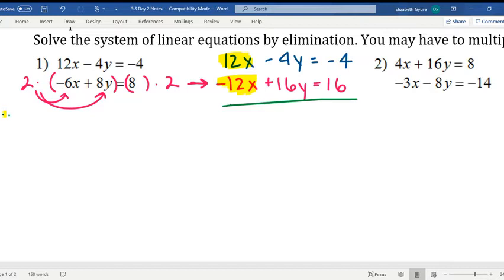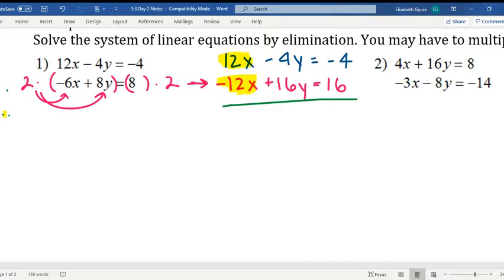Kaysen, what's going to happen with the 12x and the negative 12x? What's that going to be? What's that going to become? 12x minus 12x. Not sure. Jesse, what's going to happen with 12x minus 12x? Nope.